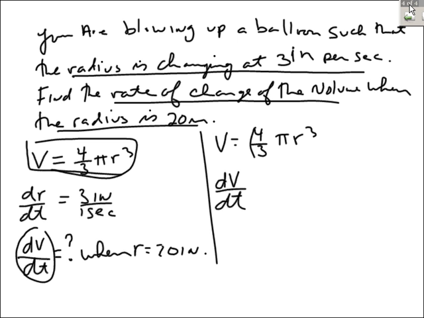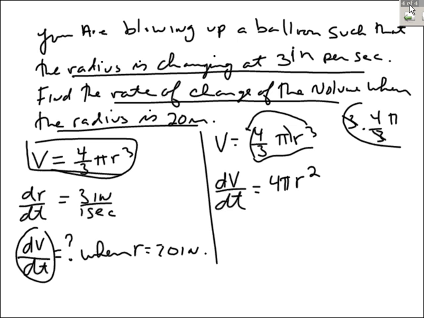Now remember, 4/3 pi is a constant. So when you take the derivative, you bring down the 3, and it's going to cancel out with the 3 in the bottom. 4/3 pi times 3, the 3's cancel. That's side work. So we get 4 pi r squared.